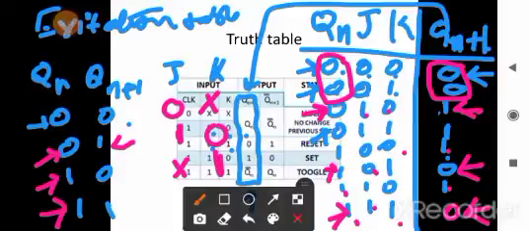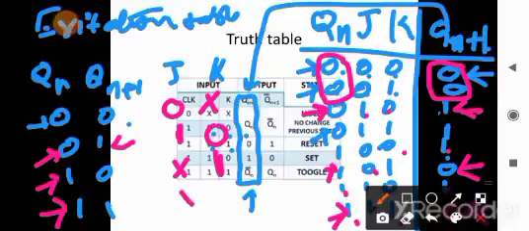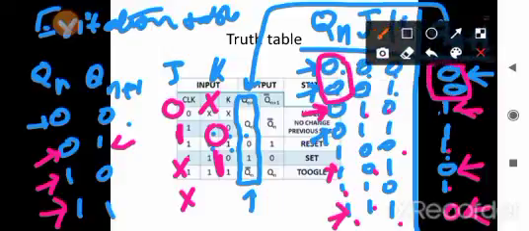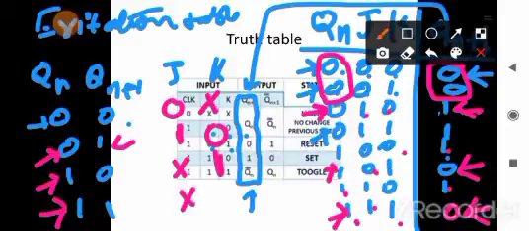So we can say that j is equal to x. We take j is equal to x and k is equal to, we can see here 1 1. I just take other ink, 1 1. So 1 here, 1 here.